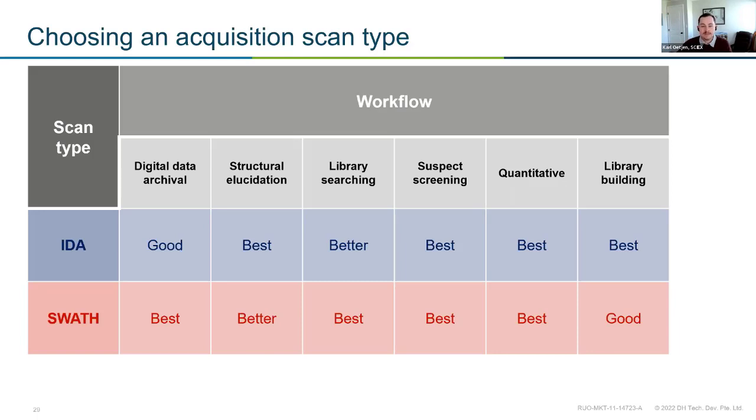So an example of this was I was doing some work in the past on a site, and we were trying to identify new PFAS compounds in it. So we ran all our samples, we ran it using SWATH analysis or data independent acquisition, and we found something like 200 new fluorinated compounds, published a paper and all was good.